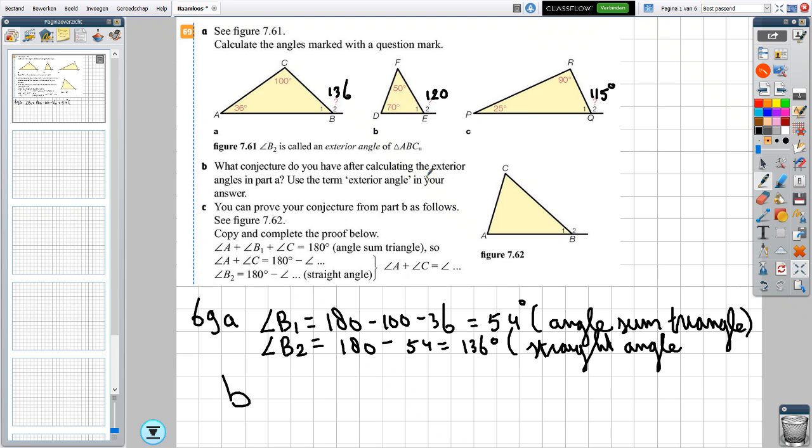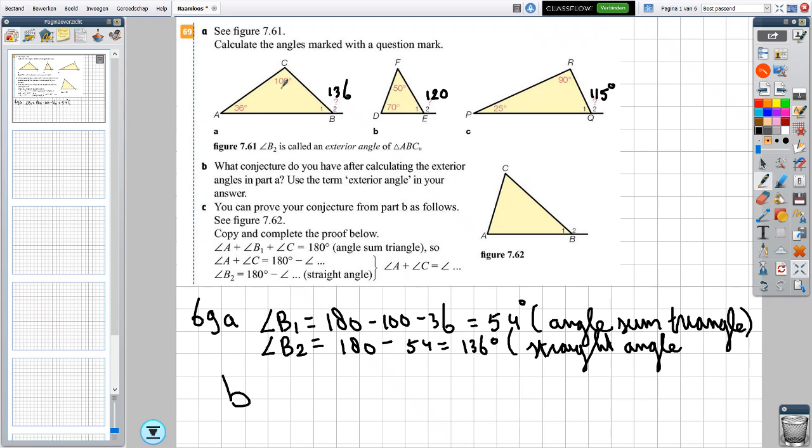Let's take a look. Something peculiar should be happening, right? Let's look at this calculation that I did right here. I did 180 minus 100 minus 36, so I subtracted 136 degrees and I found 54. And here I subtracted 54 and I found 136.